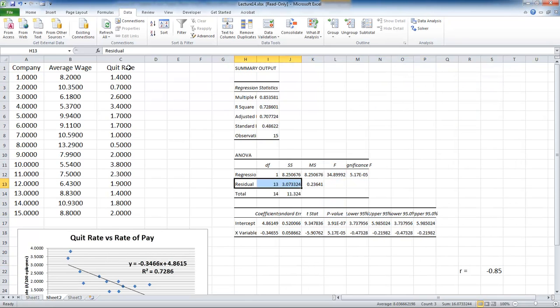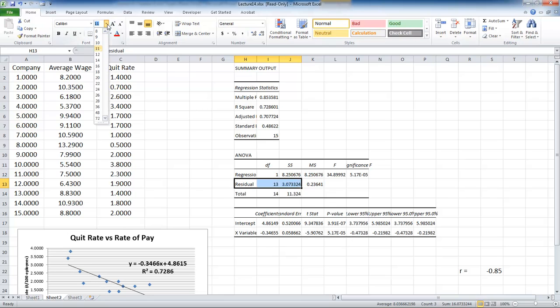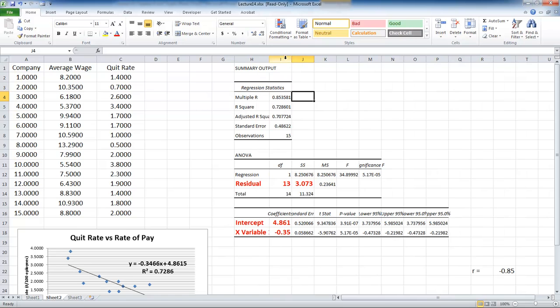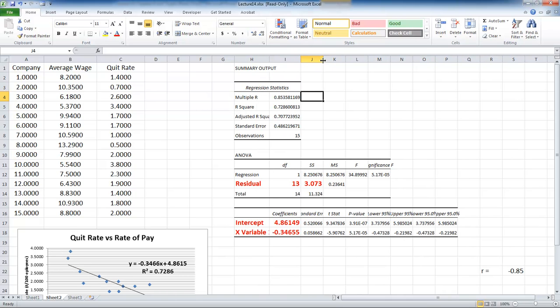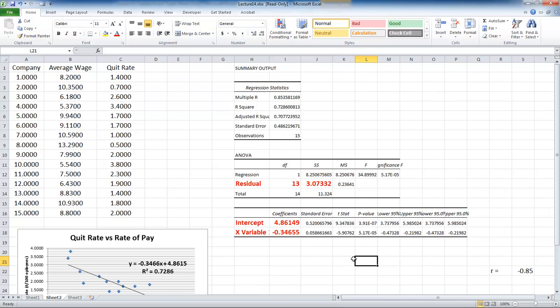What your eye wants to go to, and what I'm going to highlight and enlarge here, are the statistics on the residual and the values of the slope and the y-intercept. Okay, that looks good. Now I'm ready for the predicted value.